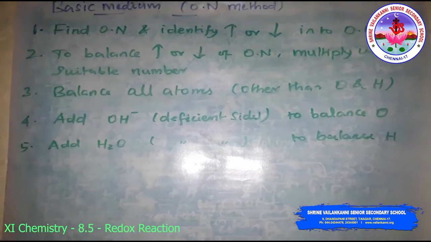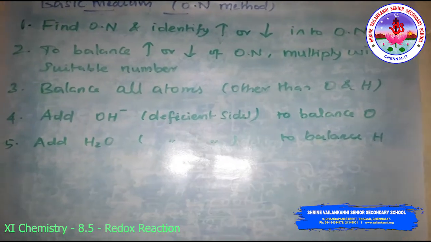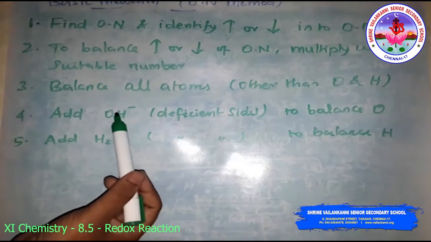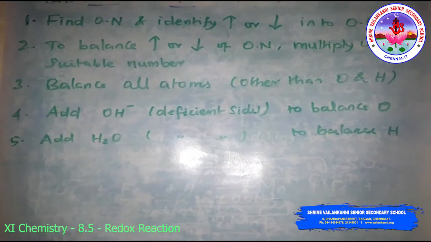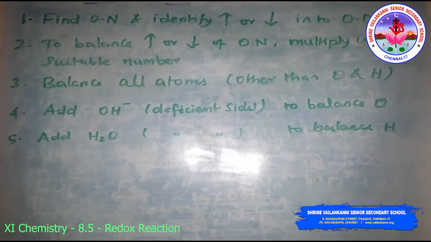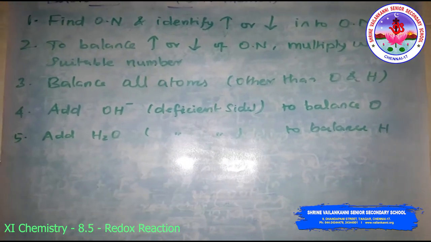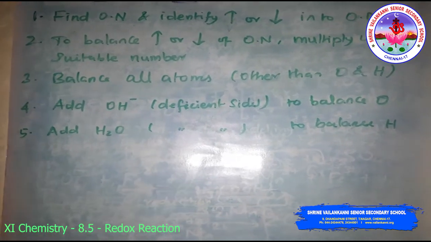Third, balance all atoms other than hydrogen and oxygen. Fourth, add hydroxide OH minus ions on the deficient side to balance the oxygen atoms. Add H2O to balance the hydrogen atoms. Whichever side is deficient, you have to add on that side.